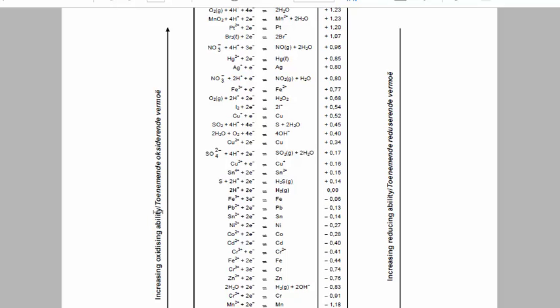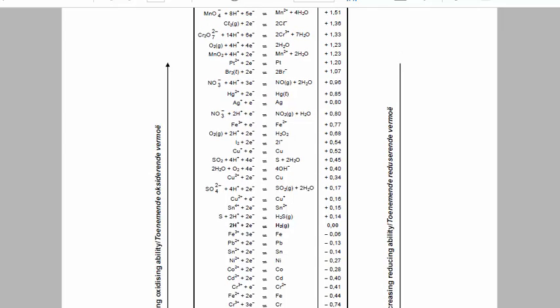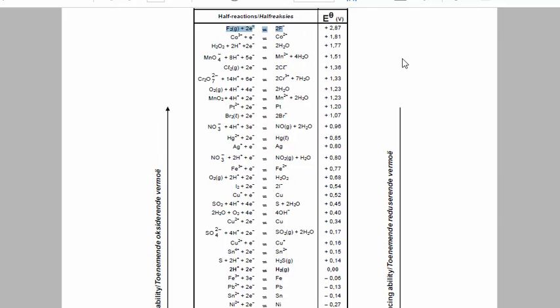In other words, my ability to oxidize you, my ability to be reduced myself, receiving electrons myself. So this value that I read there is the voltmeter reading that I will see if I was connected to hydrogen.